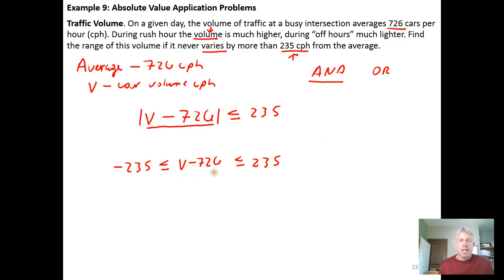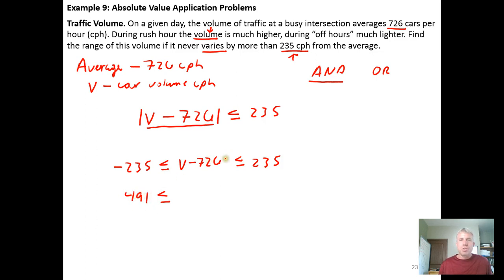And then once I have it set up, I have a three-part inequality that I need to solve, so I add 726 to each of the three parts. If I add 726 to the first part, what am I going to get there? I'm going to get 491.